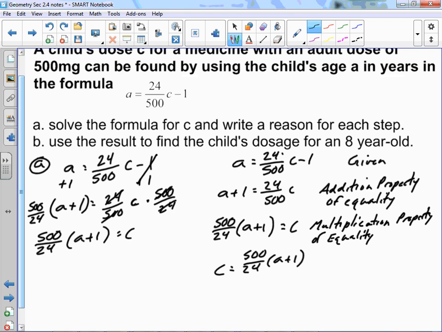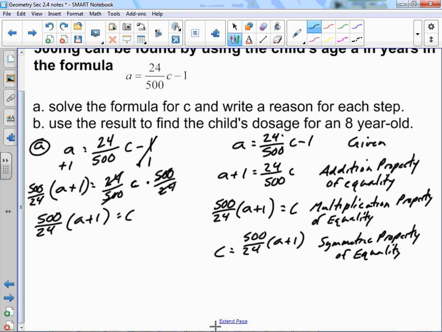And on that one, we are just switching sides. Anytime that we switch sides, that is called the symmetric property. You could have finished without putting that on there. I just like to have the variable on the left side if I can.